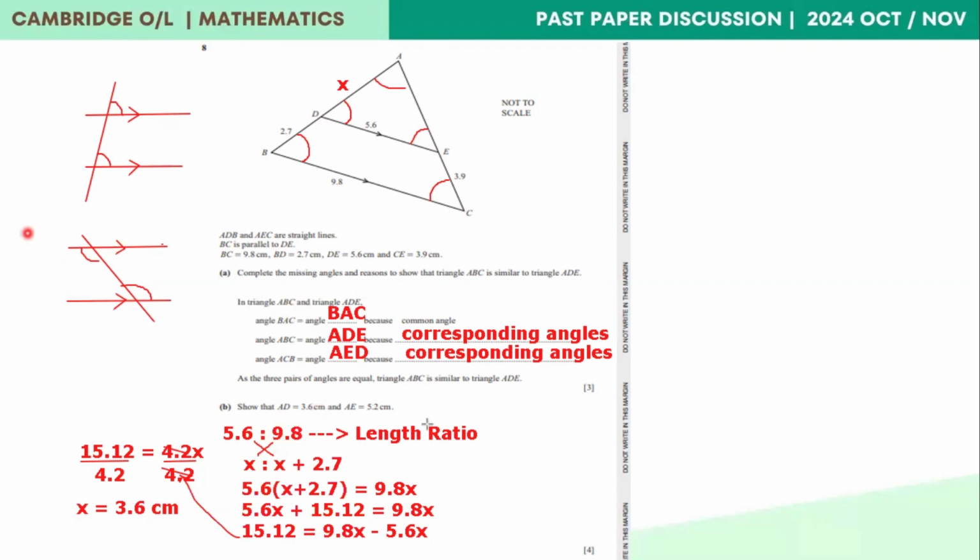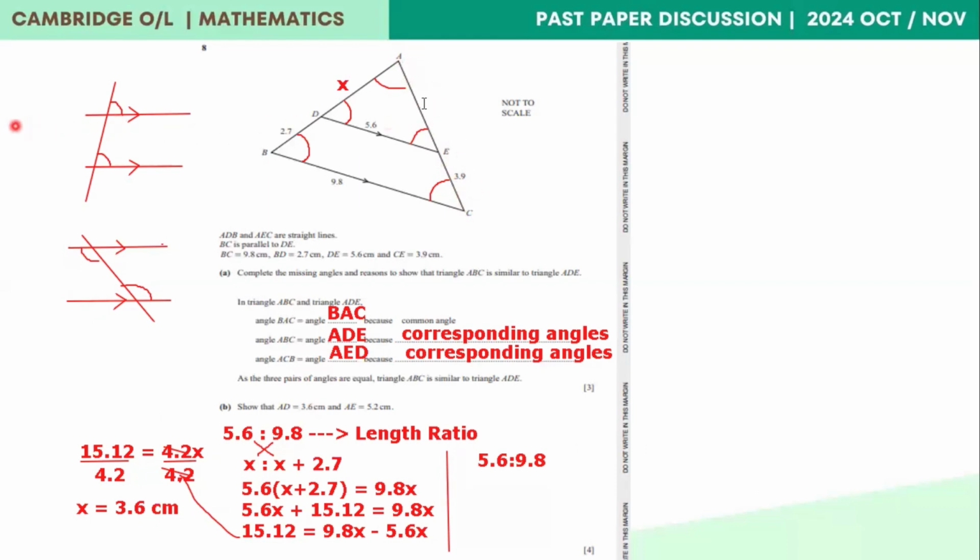Now if we find AE, again we should use length ratios, 5.6 to 9.8. AE in the small triangle is AE, and in the big triangle it will be considered as AC, this whole thing.